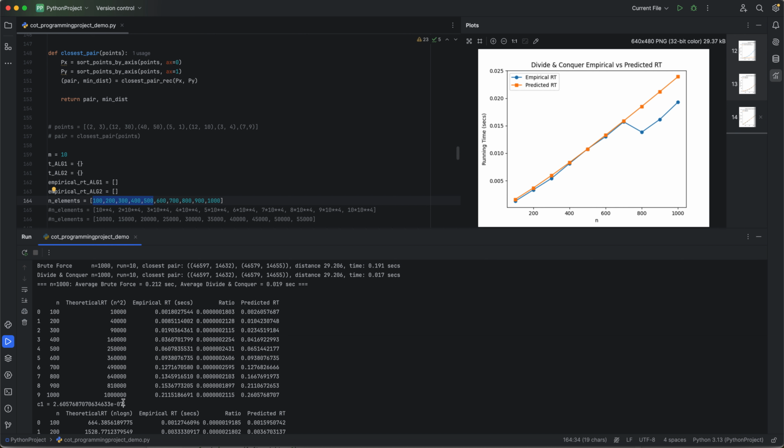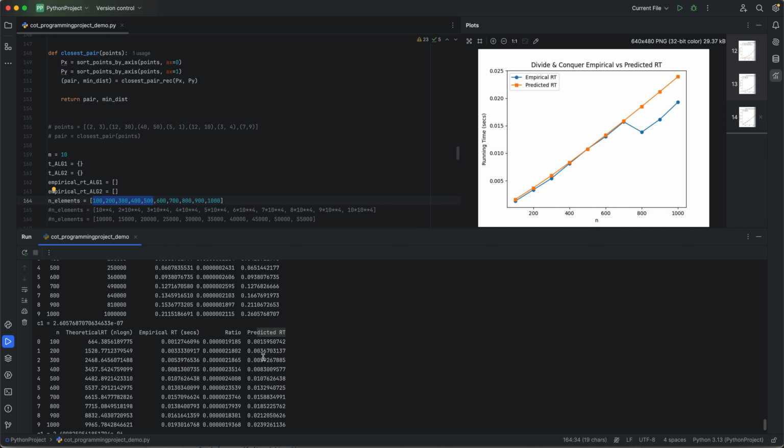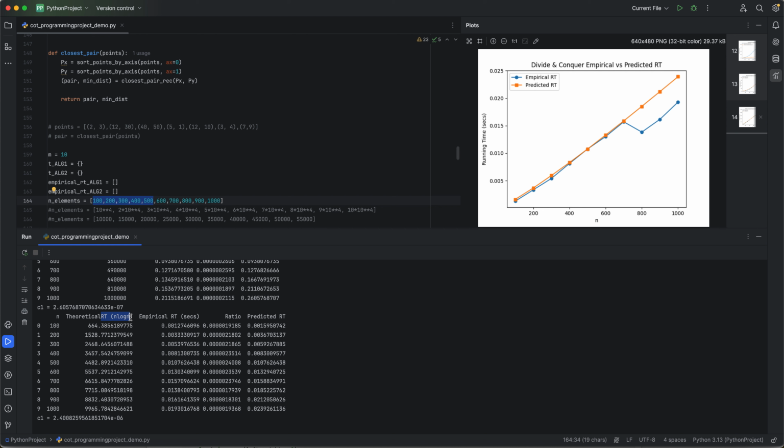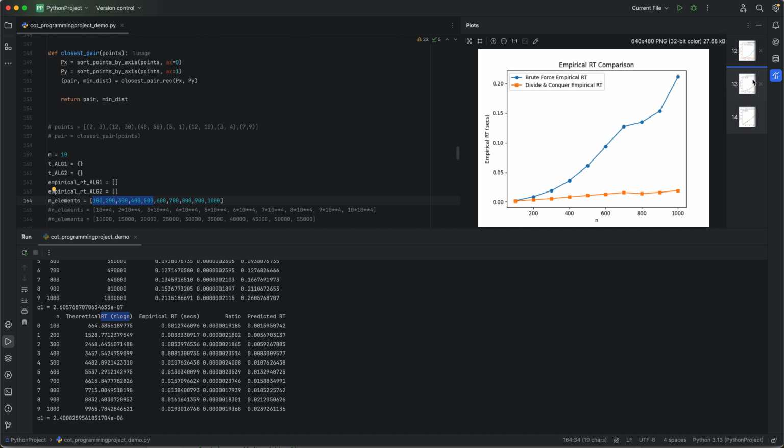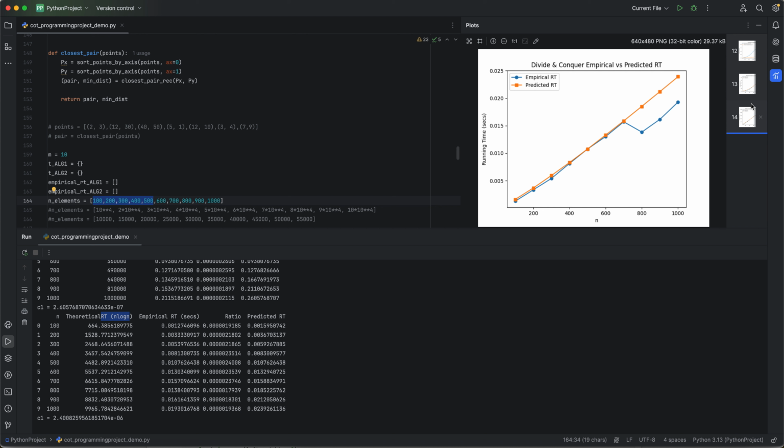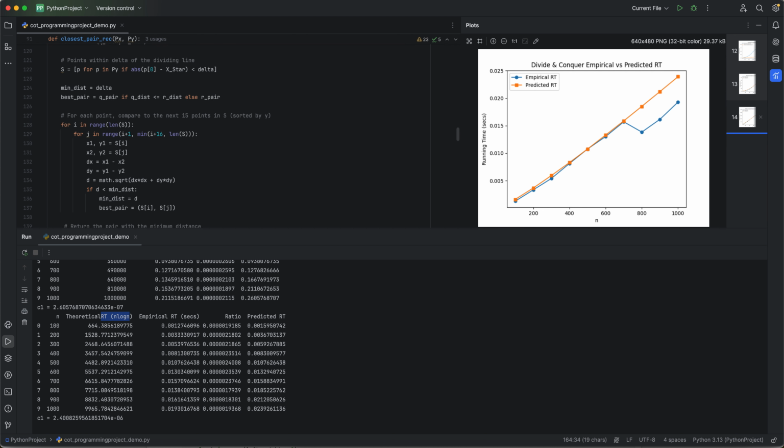That's something to be aware of, because I decided to write it like this so I have a more precise predicted runtime. And then this is another table for the divide and conquer, the same idea, and those are the graphs. So this is the comparison between both algorithms, and this is empirical versus predicted running time. And this concludes the project, and thank you for watching.